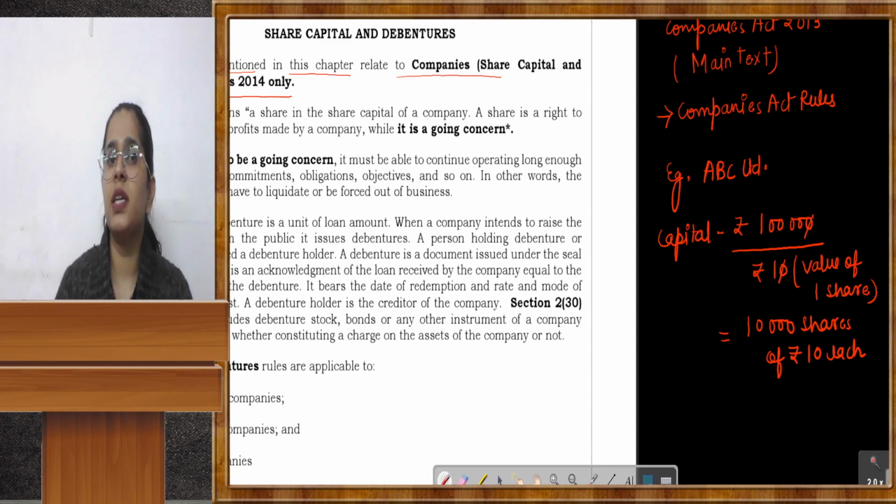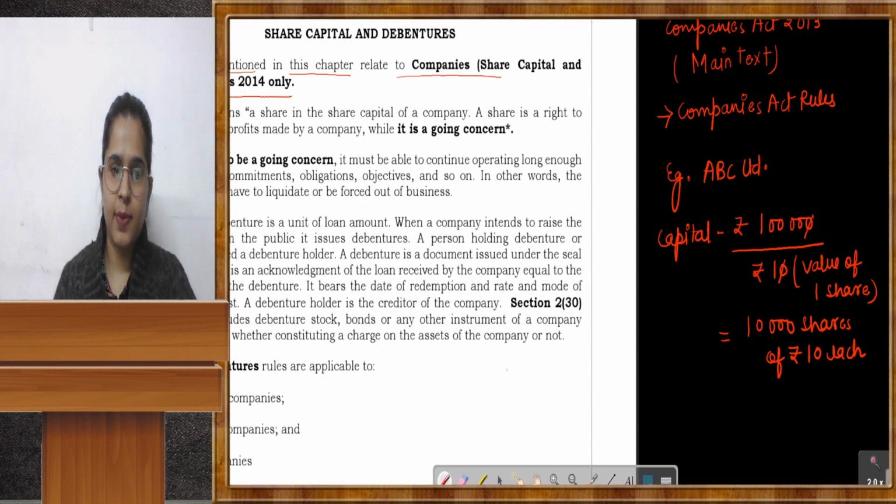If anyone comes, the company can say, okay, you can take 10 shares or you can take 20 shares. In this way, the company has divided its capital. So share means to distribute, right? In this case, the company has distributed its share capital.